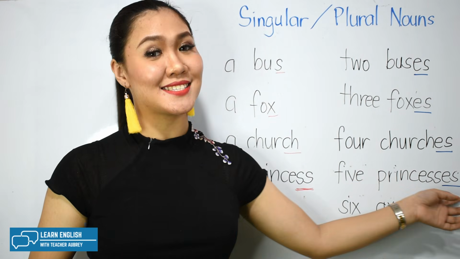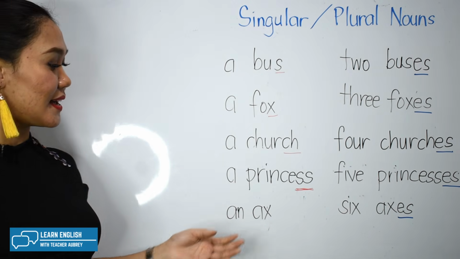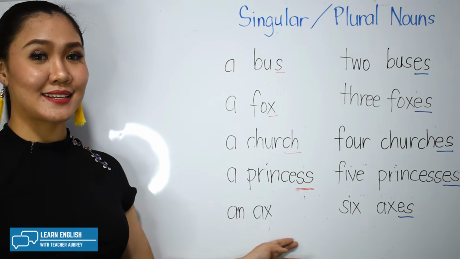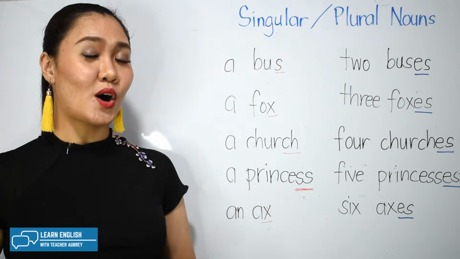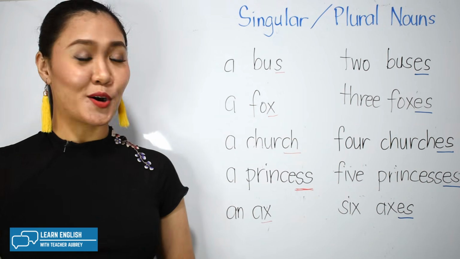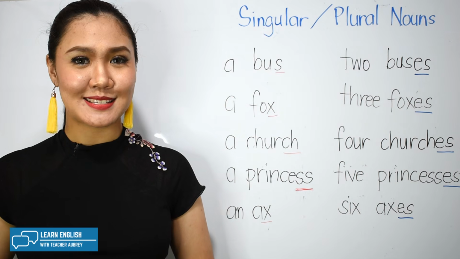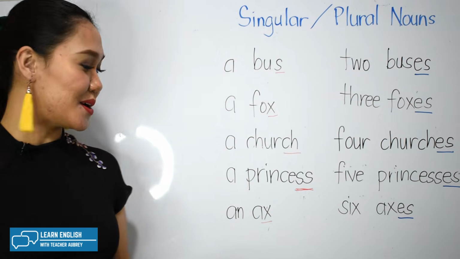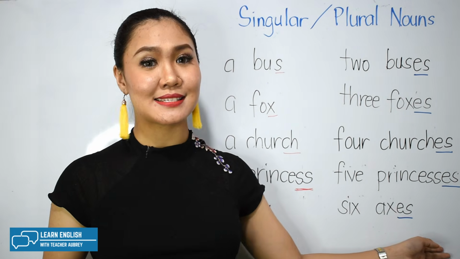We added an es. And the last one is an axe. Axe ends in the letter X. All nouns that end in the letter X are the same. We have to add an es to make them plural. So an axe becomes six axes.